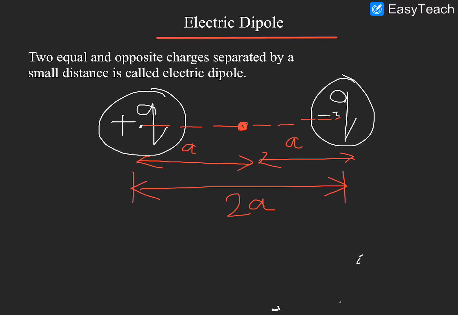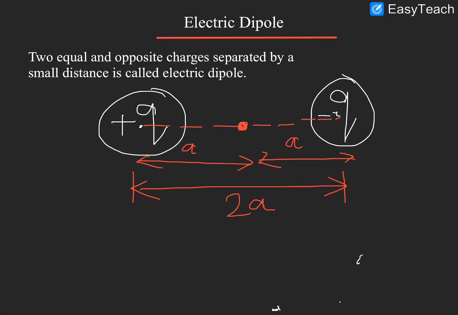This system of positive charge and a negative charge is called a dipole, which is having a center. From the center, each charge is at a distance of a. Normally we will use a. Depends upon the textbook, this notation will change, but we will follow this one. So total distance is 2a between the two charges.